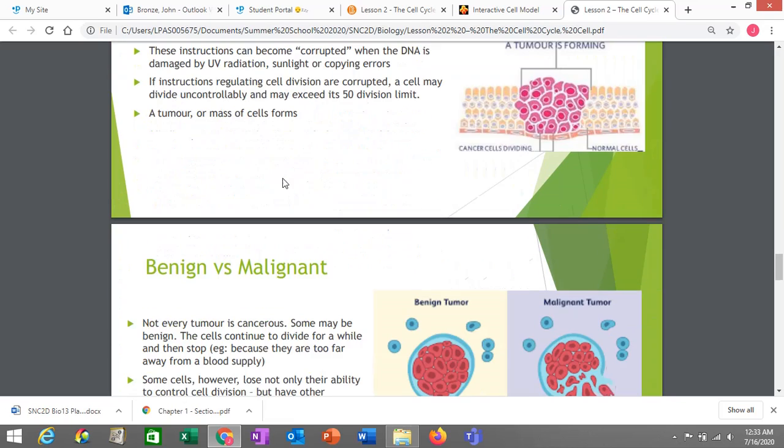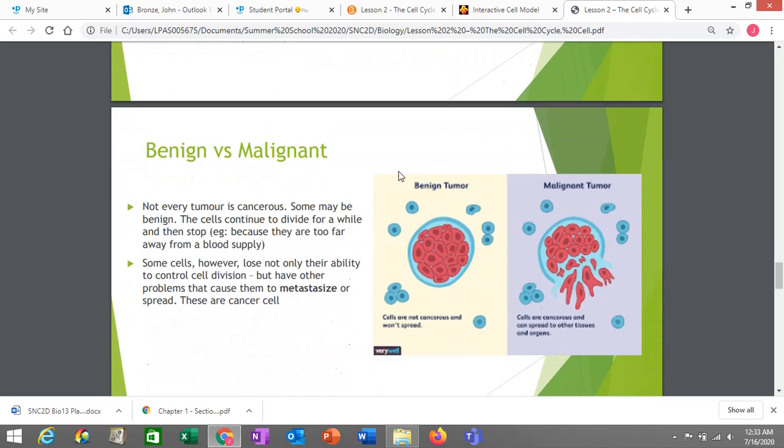Okay, so a tumor can form, but that doesn't mean that if that happens a person has cancer, because not every tumor is cancerous. Some are what we call benign. They can still be quite harmful, or in some cases not harmful, but the actual cell division process is limited. The cells will divide for a while and then they're going to stop.